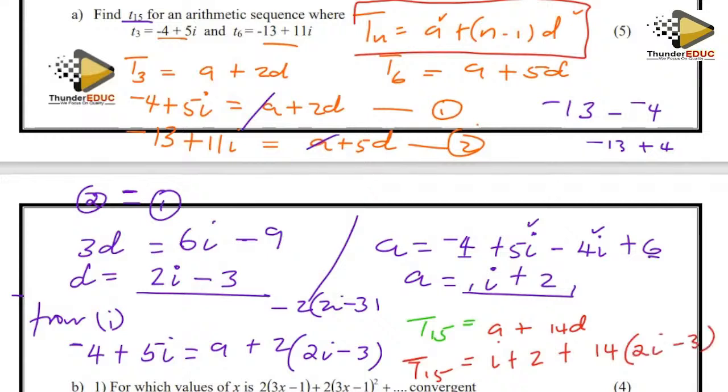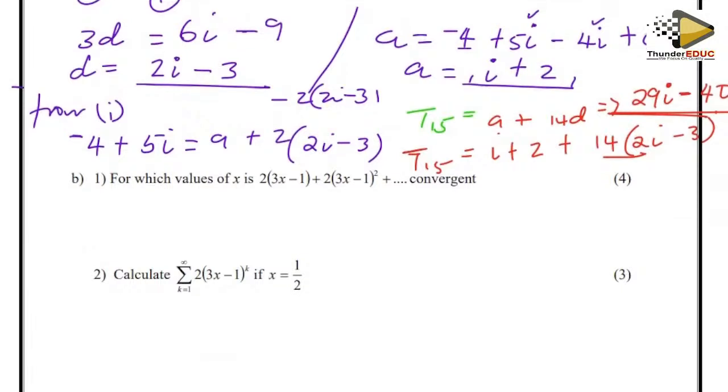And then we just have to simplify this. So this is going to be 28i plus i, that gives us 29i. 14 times 3, that's going to be 42 negative. Plus 2, that's going to be negative 40. So that is my T15.